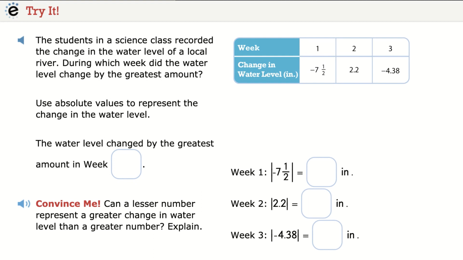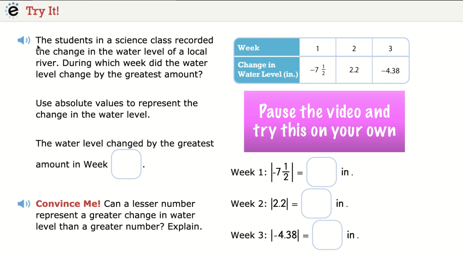During which week did the water level change by the greatest amount? Use absolute values to represent the change in the water level. Okay, so at this point in time, pause the video and answer these questions in your workbook. This is at the bottom of page 78. So please do this at the bottom of page 78, and then you can unpause the video to check your answers.